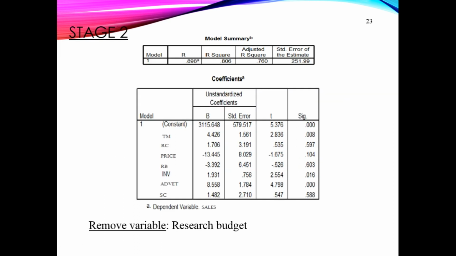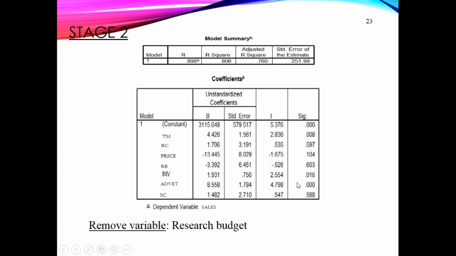R square stays the same, but now we have two significant variables, and the p-values have improved a lot in our model. In this stage, the variable that has the highest p-value, or the lowest contribution to our model, is the research budget, which has a 0.60 p-value.